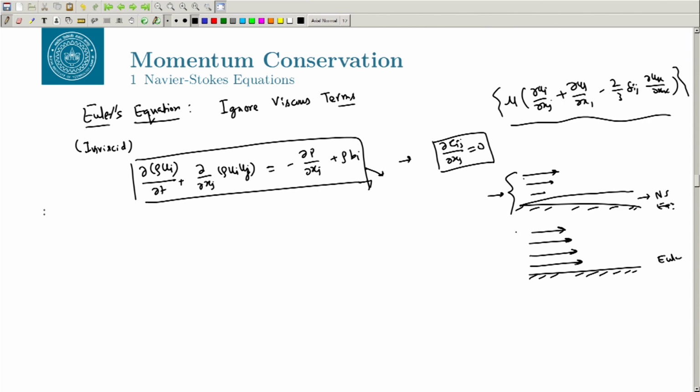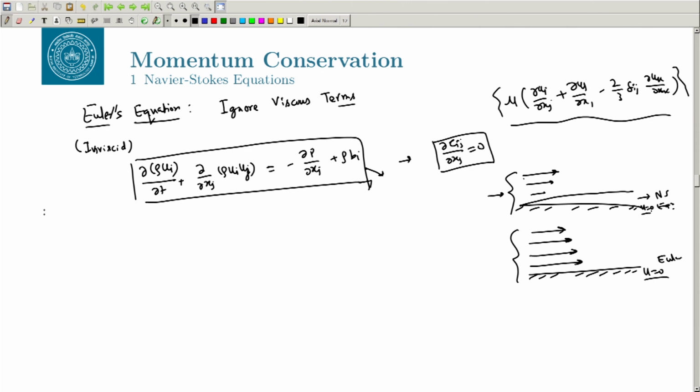So, this is from the Euler equation, and this is from the Navier-Stokes equation. In the case of the Euler equation you do not say that u equals 0 at the wall. In the Navier-Stokes, u will be 0, because the viscous forces are included, and the viscous forces will ensure that the molecules stick to the wall.